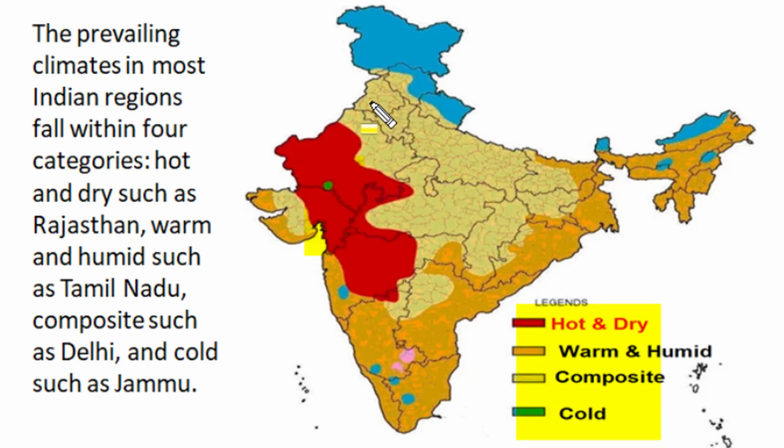We have a composite region surrounding Delhi or in northern plain where we see both hot and dry condition as well as cold conditions, and we have a small hilly area of Jammu and Kashmir, Himachal Pradesh, Uttarakhand and Arunachal Pradesh where we have cold climate conditions.